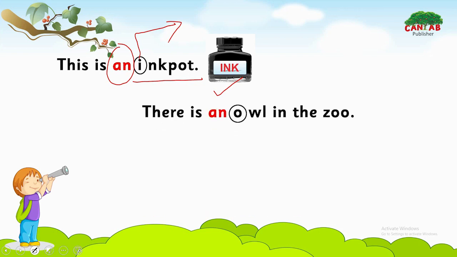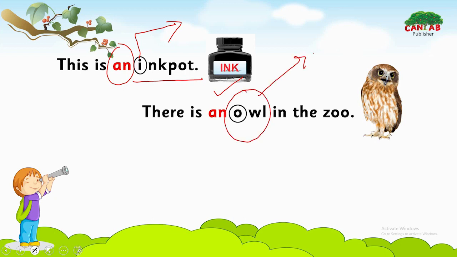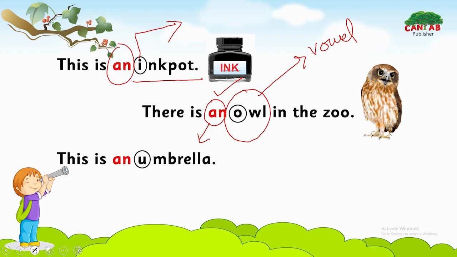Next one is, there is an owl in the zoo. Owl has a vowel sound. That is why an is used before the word. The next example is, there is an umbrella. Again, an is used before a word that sounds like a vowel.